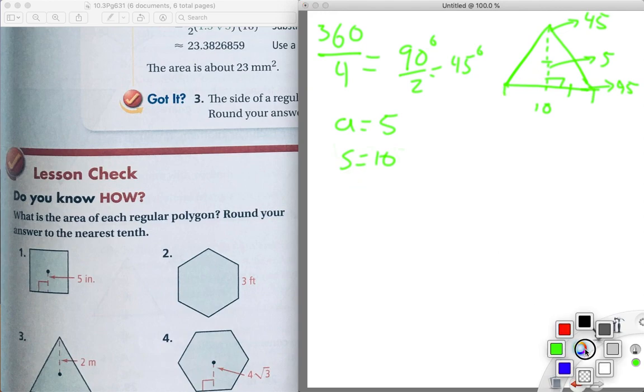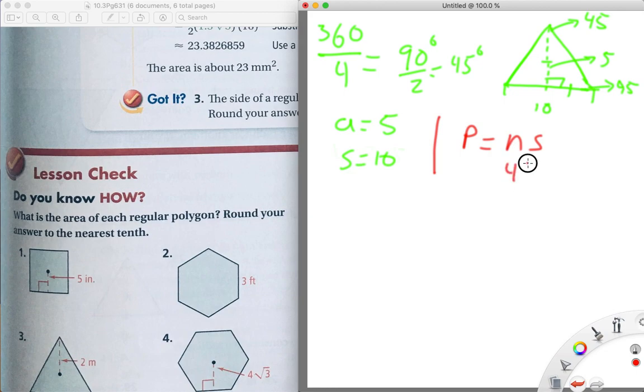I know that the perimeter is equal to the number of sides times the side. So my side is 10, and since it's a square, I know it has 4 sides. So it's 4 times 5. So my perimeter is 20.